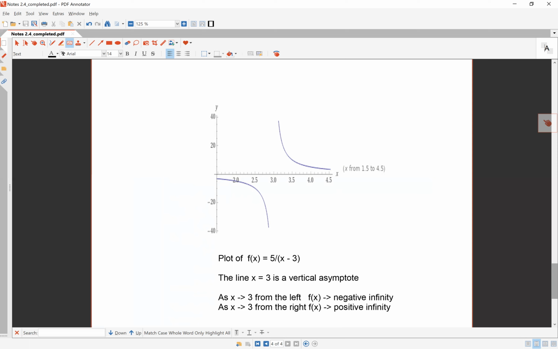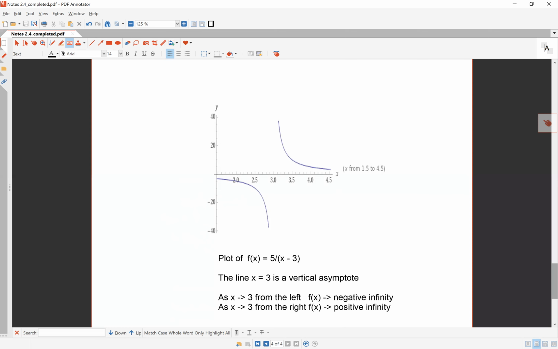And it turns out the line x equals 3 is called a vertical asymptote. A vertical asymptote is a straight line that's up and down, and the function gets closer and closer to that line, but never touches it. So the plot of this function, 5 divided by x minus 3, never touches it. It's not defined at x equal to 3.